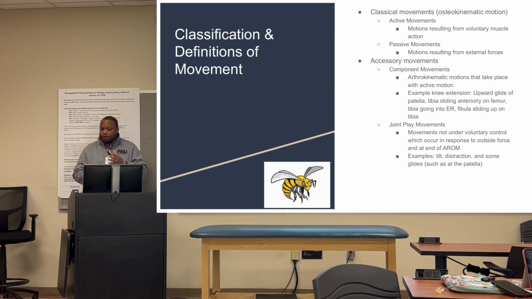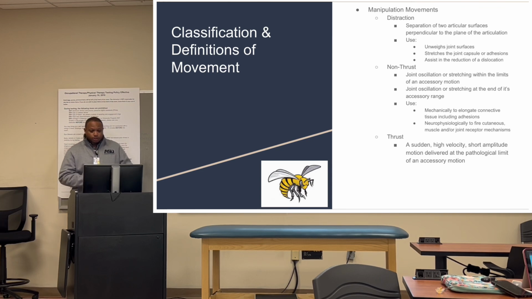So these occur in response to outside forces at the end of the active range of motion, but they can play a crucial role in the patient being able to achieve full range of motion, okay? So examples of joint play motions are tilts and distractions, and some glides, such as at the patella.